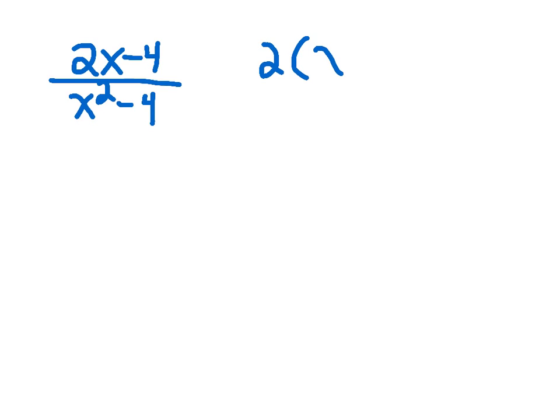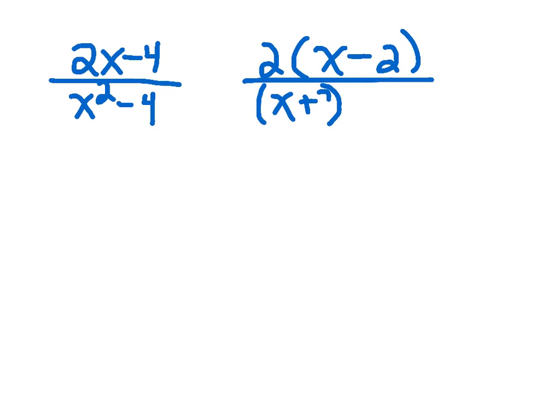Let's say I have 2x minus 4 over x squared minus 4. So we know that step 1 is to factor. I can take out the 2 as the greatest common factor, and I've got x minus 2. I also know that x squared minus 4 is a difference of squares.